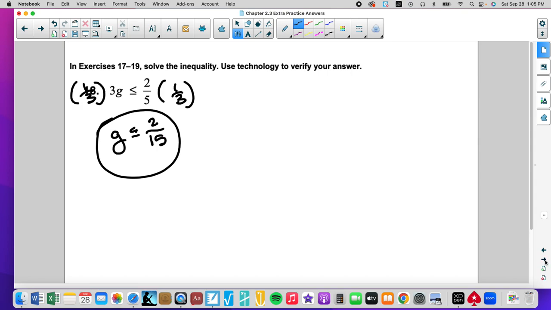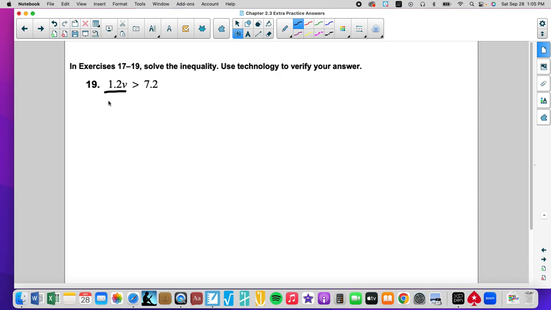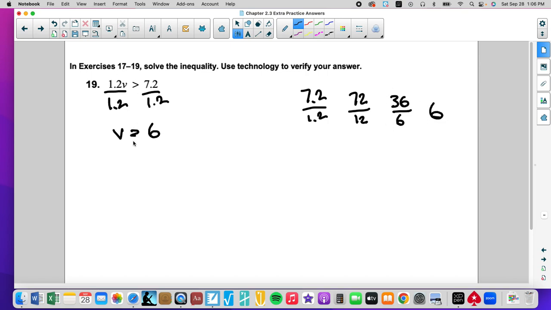It's cleaner, nicer. Divide by 1.2, divide by 1.2, and V is greater than 7.2 over 1.2. Well, that's going to be 72 over 12, and half of that is going to be 36 over 6, half of 72, half of 12, and now I see, oh, that equals 6, so V is greater than 6.